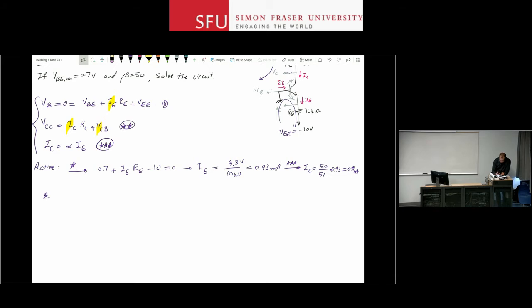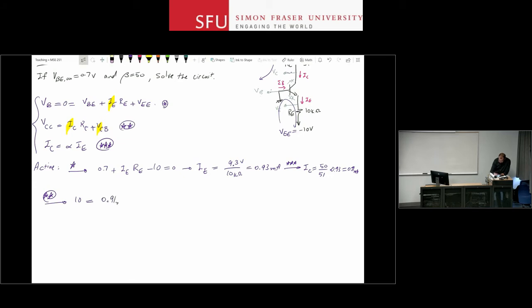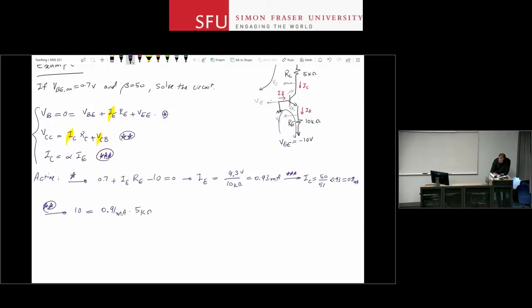So from the second equation then, I see that 10 for VCC is equal to IC, I already know, 0.91 milliamps times RC, which is 5 kilo ohms, plus VC. And here gives me a VC of 5.45 volts.